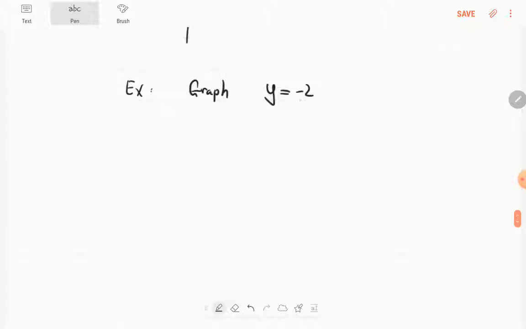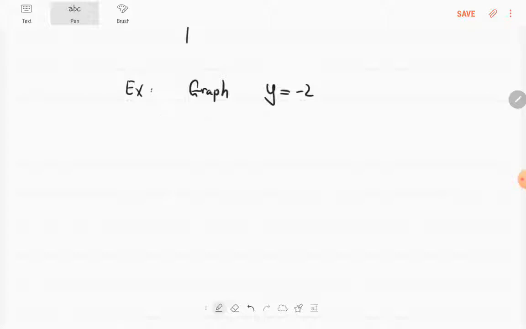We can try to graph this one: y is equal to -2. So first, we still need to find three paired solutions, right? But this time, how can we find the solutions?